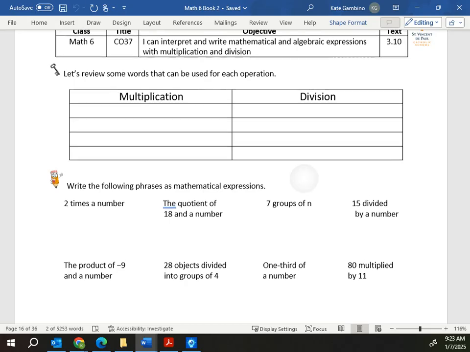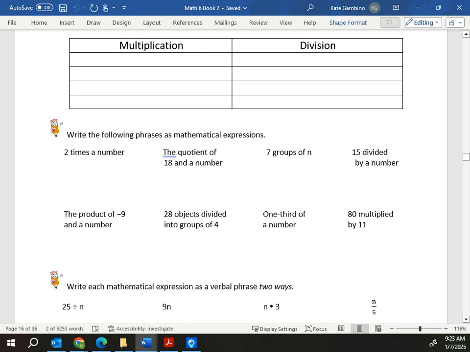So let's look at multiplication. What are some words that mean we need to multiply? Emma: product. When we find the product of two numbers, it means we are multiplying those two numbers together.